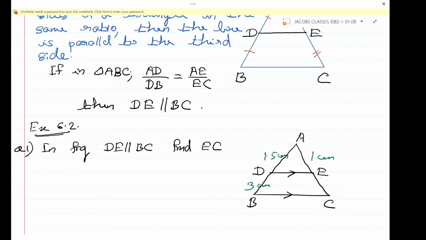So we'll use the basic proportionality theorem. It is given DE is parallel to BC. Okay, Jeevan got the answer, Gogul got the answer, others also can try this. Ram Prakash, correct answer.